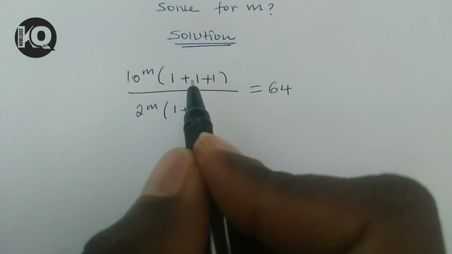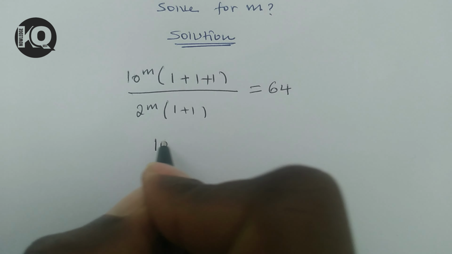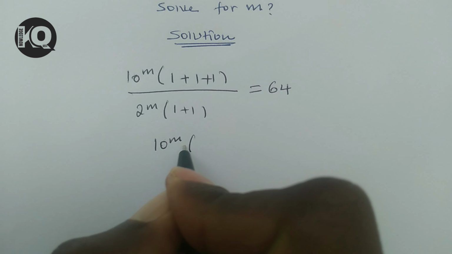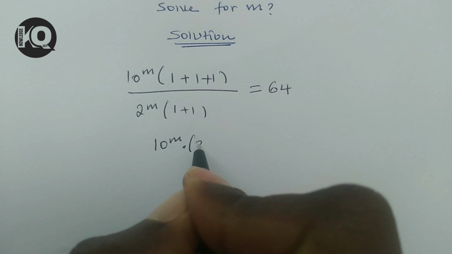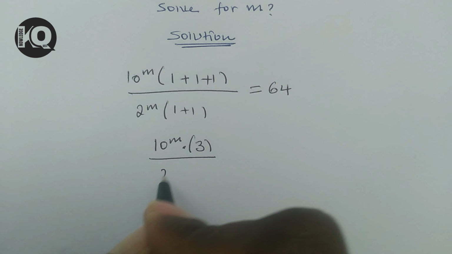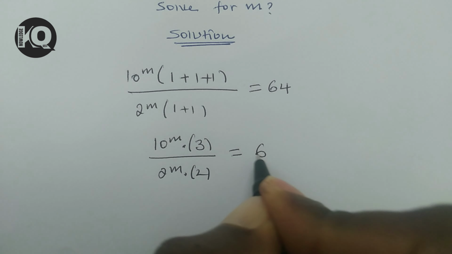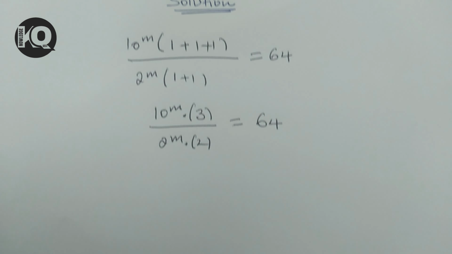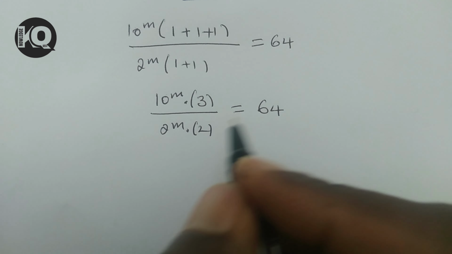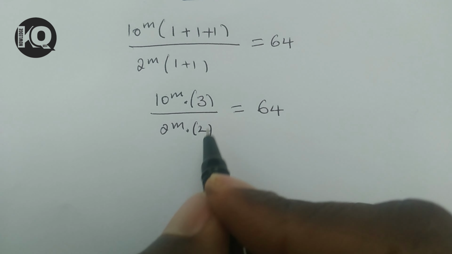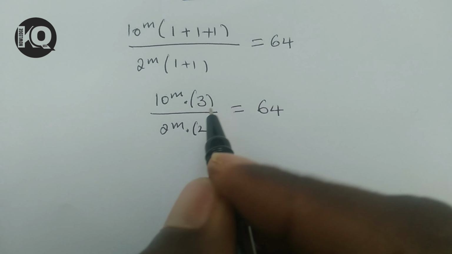Now this can be simplified as 10 to the power of m times 3 divided by 2 to the power of m times 2, which is equal to 64. So let's multiply this 64 by the reciprocal of this number.